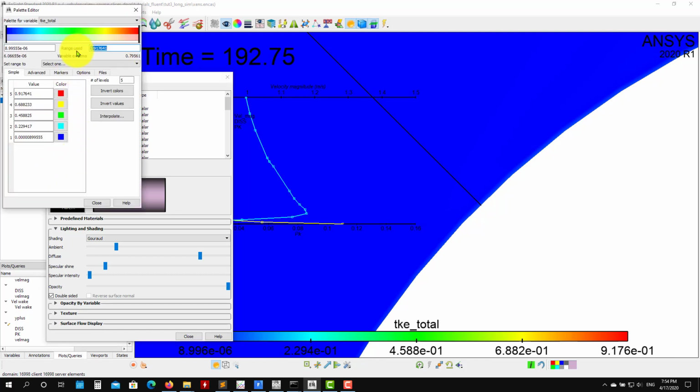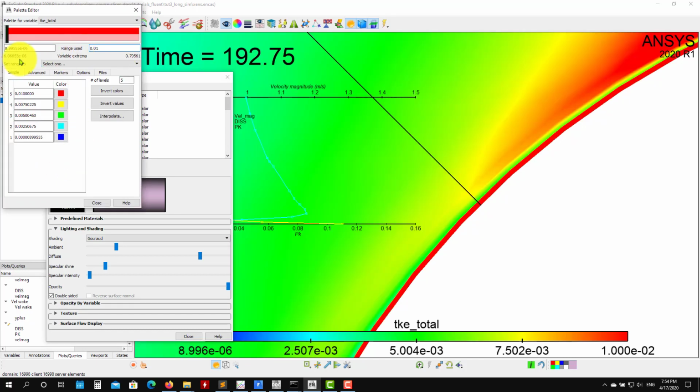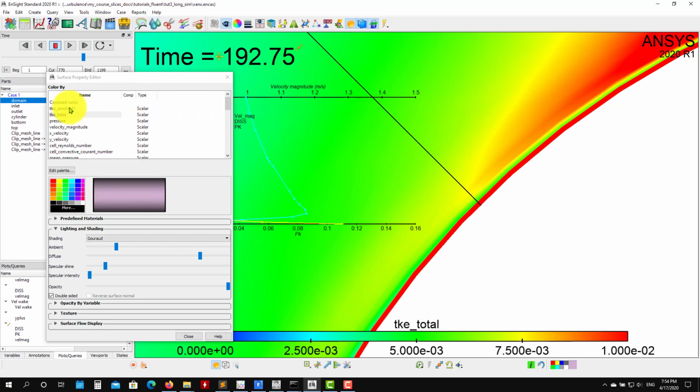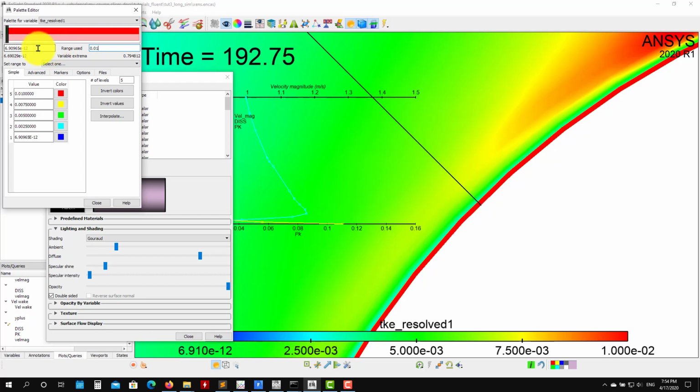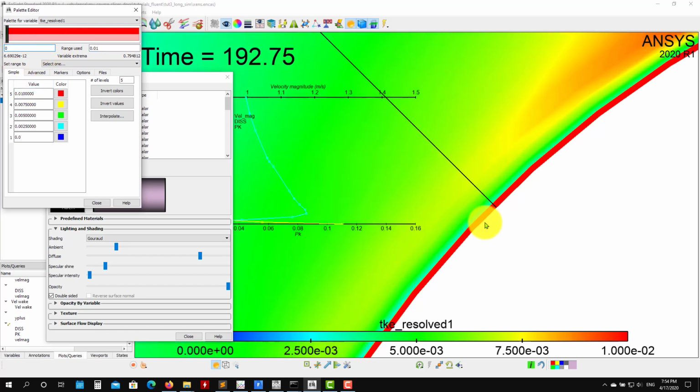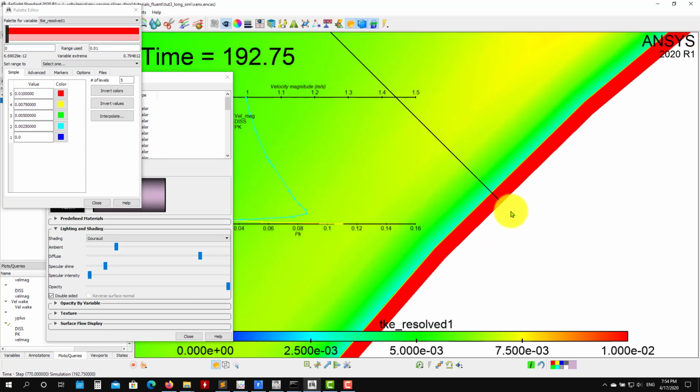Let me change my scales. Instead, let me see what we have in the resolved one. So see the resolved kinetic energy.